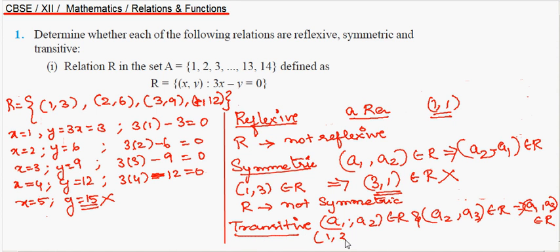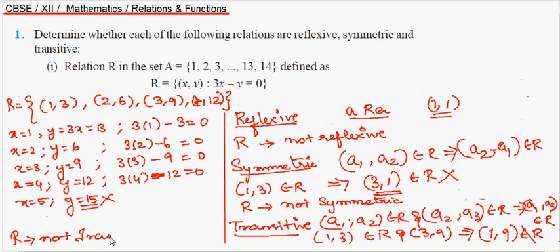Say 1 comma 3 belongs to the relation, yes, and 3 comma 9 belongs to the relation. Then this implies 1 comma 9 should belong to the given relation. But 1 comma 9 is not in the given relation. Therefore I can say the given relation R is not transitive. Hence the given relation is neither reflexive nor symmetric nor transitive.